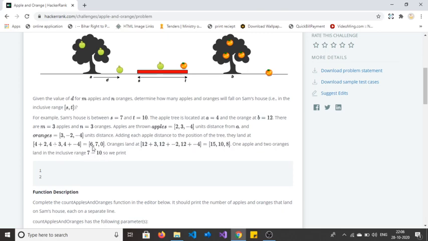In the list of apples, only 1 apple falls between 7 and 10. In the group of oranges, 2 oranges, at 10 and 8, fall between 7 and 10. So we will print first how many apples fall in the range, and then how many oranges fall in the given range.